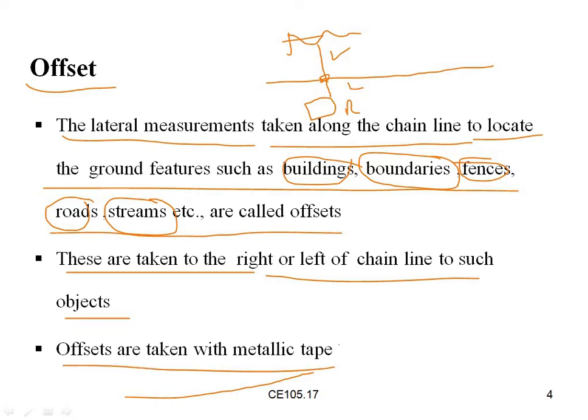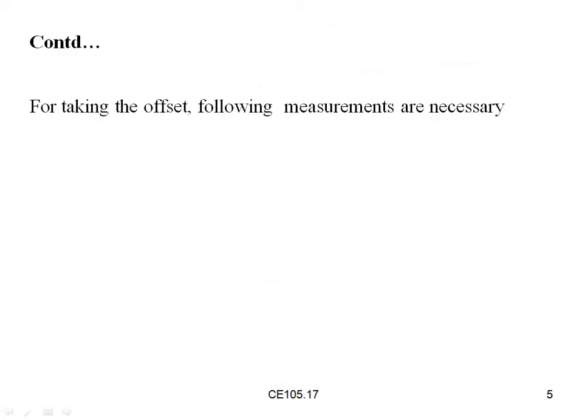We should use the metallic tape for the measurements so that it is convenient and correct measurements are taken. For taking the offset, the following measurements are necessary, and that is compulsory.